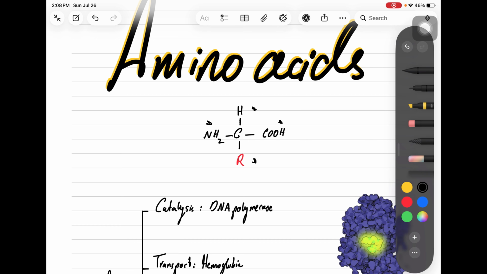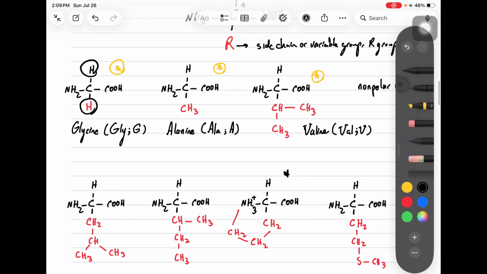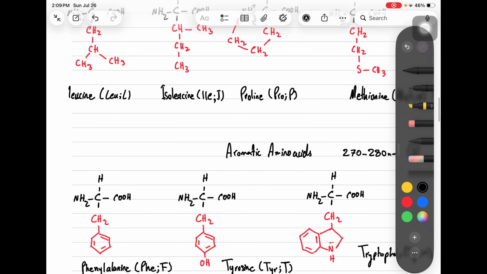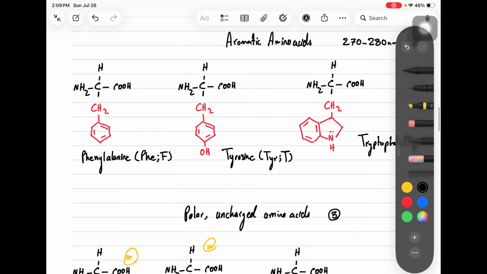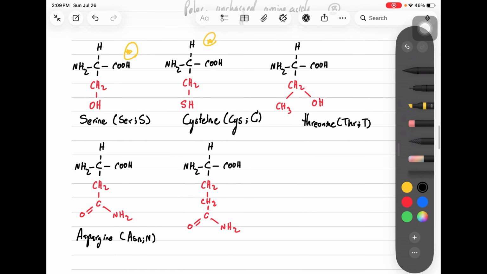And the only thing that changes is the R group. So in an amino acid, that's the only variable group that we have. The R group sorts all 20 amino acids into 5 classes of nonpolar, and then the aromatic, polar uncharged, and positively and negatively charged here.